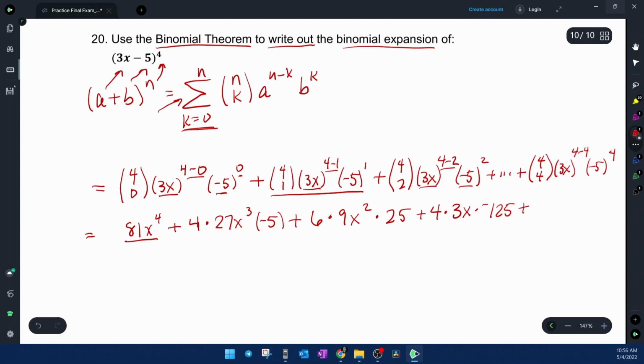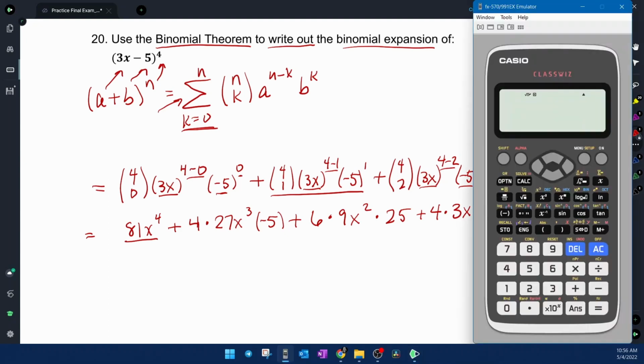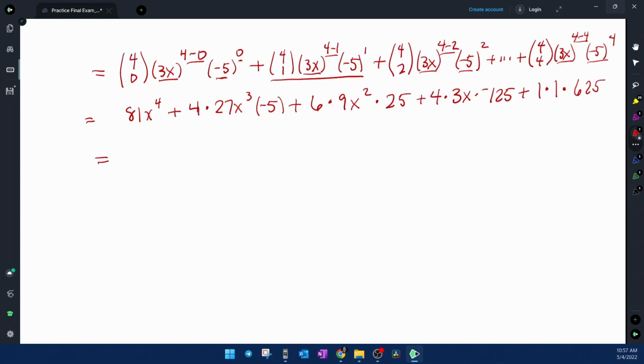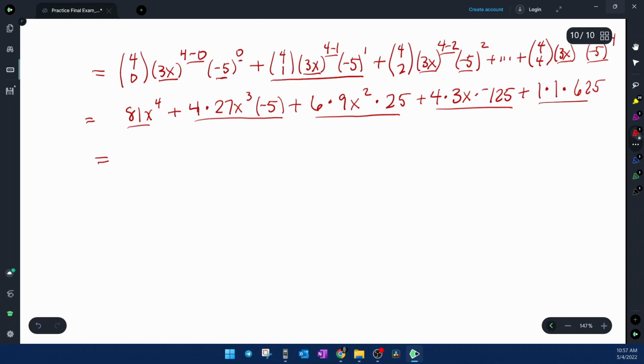Plus, and then the last term, 4 choose 4 is 1 times 3x to the 0, anything to the 0 is 1, times negative 5 to the 4th, which is going to be positive 625.